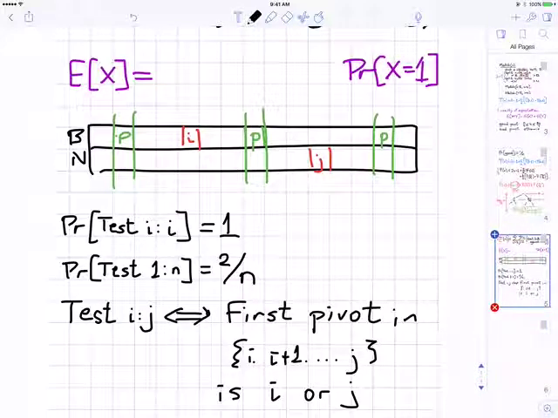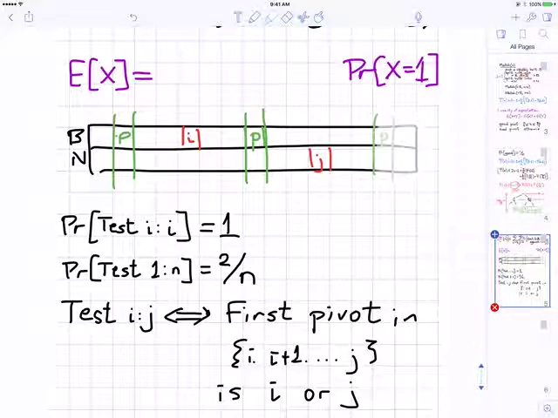So, if you like, I can argue this inductively. Suppose that the first pivot I choose is bigger than both I and J. In that case, I am left with a subproblem where, by the induction hypothesis, I and J are tested against each other if and only if the first pivot I choose between in that range is either I or J. Right, so the induction hypothesis applies because I've got a smaller subset.